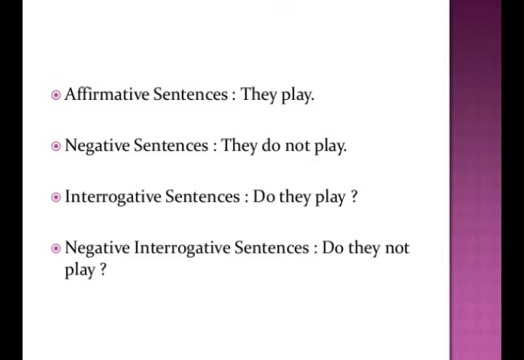Next one is negative sentence. That's they do not play. The next is interrogative sentence. Do they play? And the last is do they not play? It's negative interrogative sentence.